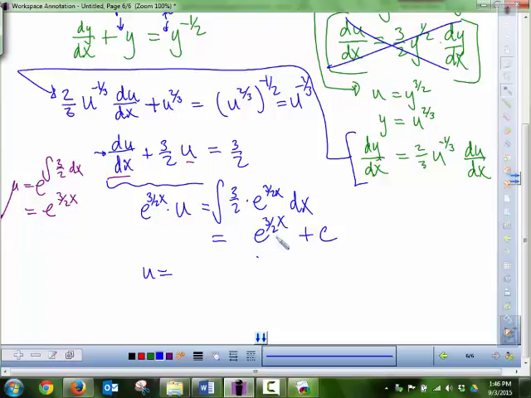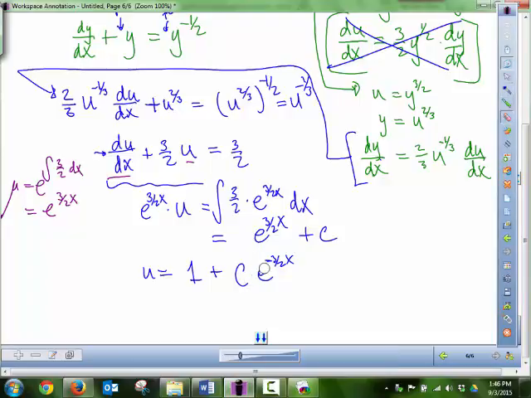The e to the 3/2 x would cancel. So that's just a 1 plus c over e to the 3/2 x. And then instead of putting a fraction down, I'm just going to write the negative exponent to say that it's in the denominator.